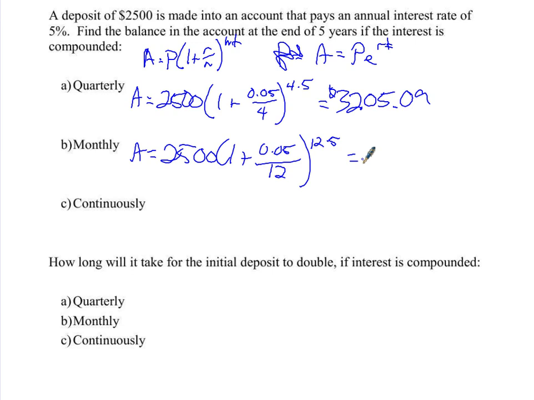The nice thing is on your calculator, you can just recycle the equation you just used, change the 4 to a 12 in both cases, press enter, what do you get? $3,208.40. What's better, $3 more or nothing? $3 more is better. And how about continuously?